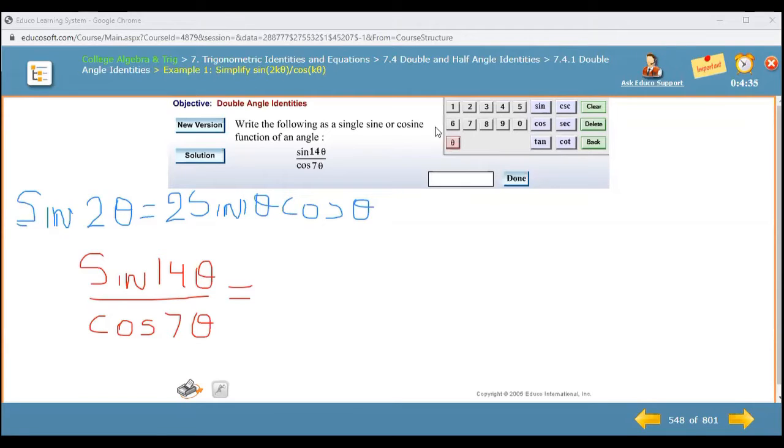Now, this question is actually sine 14 theta. I have to rearrange this sine 14 theta. Now, sine 14 theta can be written as, I'm just rewriting it as sine of 2 times 7 theta.